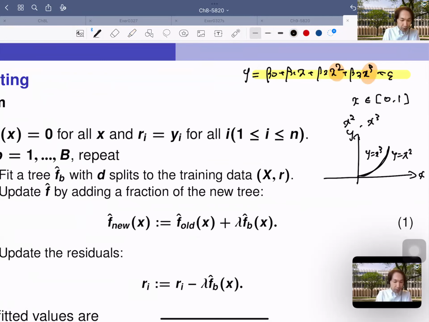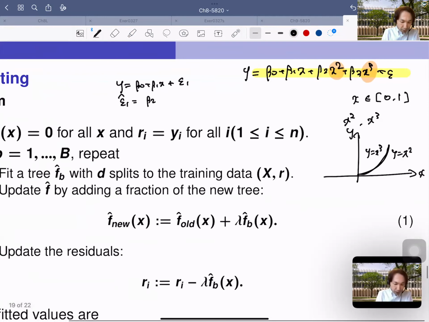But if we fit, for example, y is equal to beta naught plus beta 1 x plus epsilon 1, then we use the estimated epsilon 1 hat, and we fit this on beta 2 hat plus x squared.